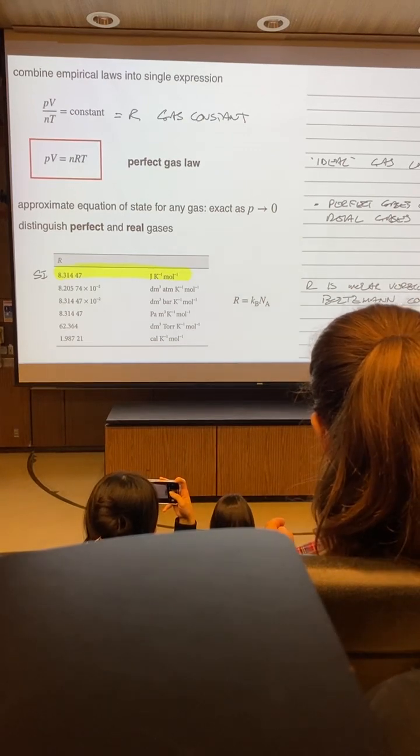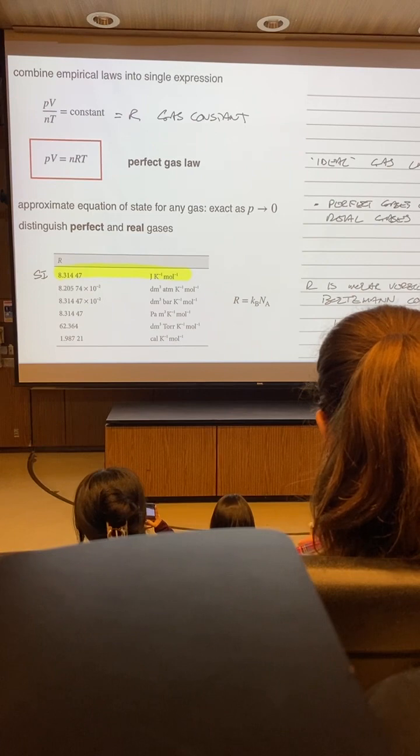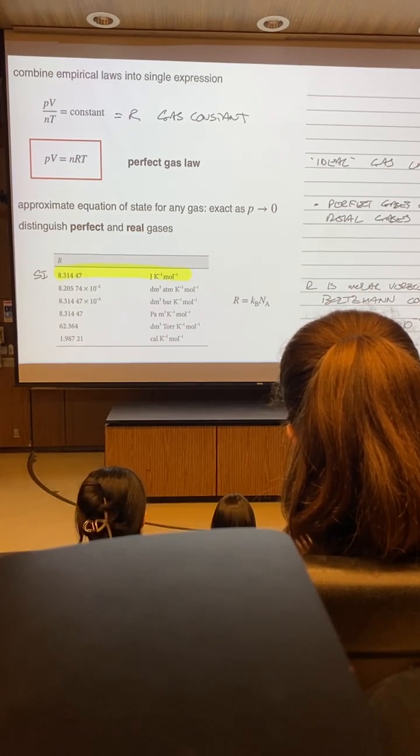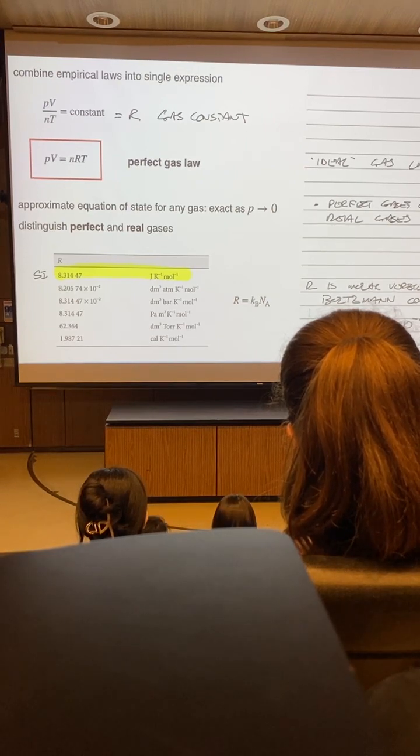Same units, that's per molecule effectively. Gas constant is per mole, right? So it's often easier to work with the gas constant than the Boltzmann constant, because you can avoid all these huge powers of 10 in calculations.